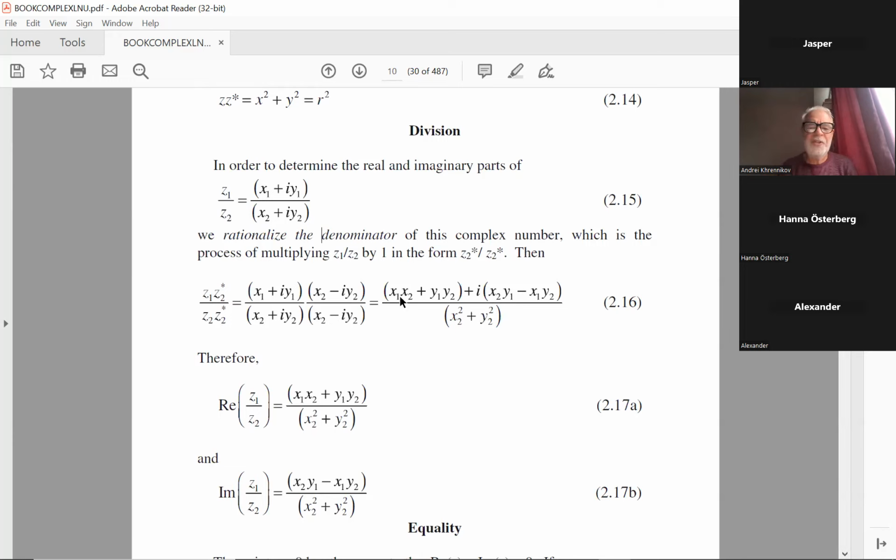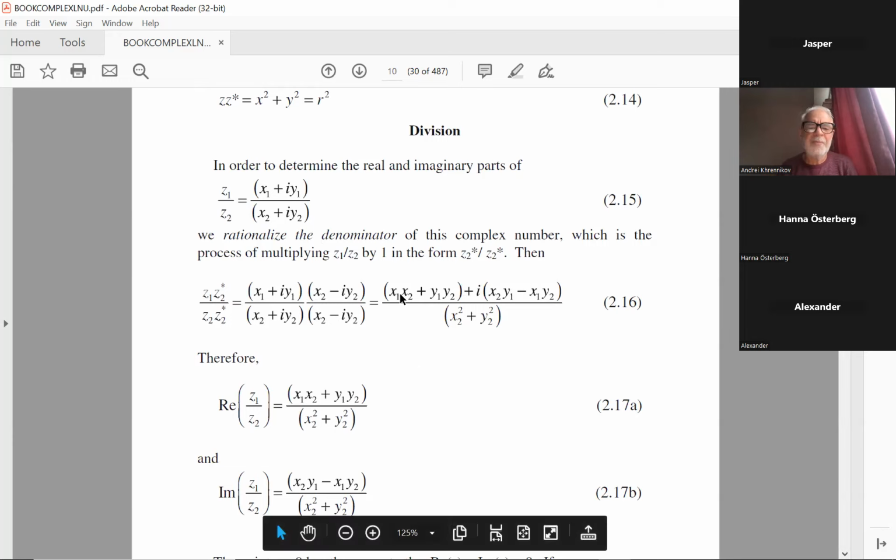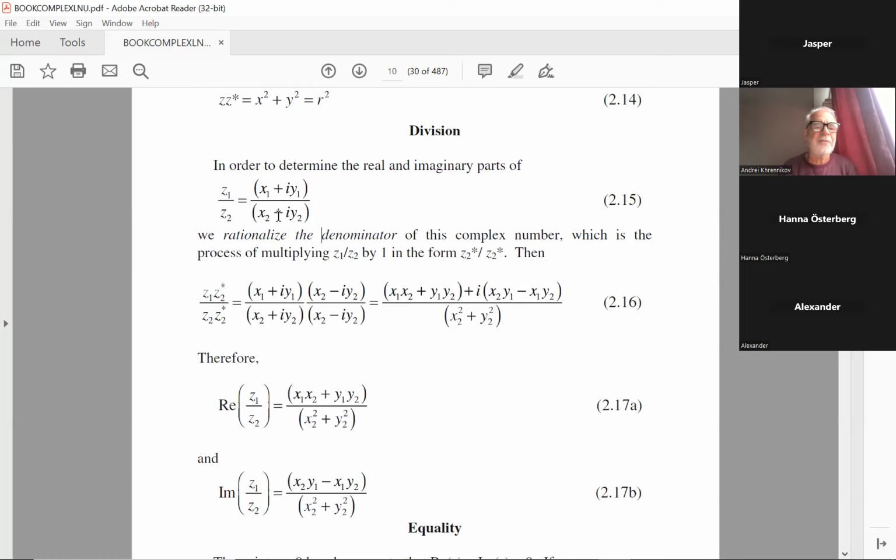Maybe you did this somewhere. You need not remember this because it comes from this. Only remember that if you have such a number, multiply the denominator by x2 minus i y2, the complex conjugate.